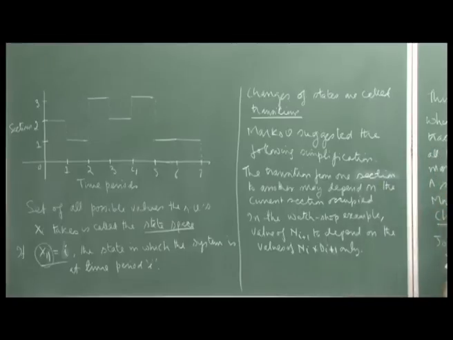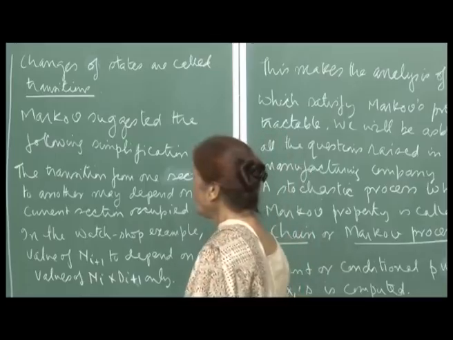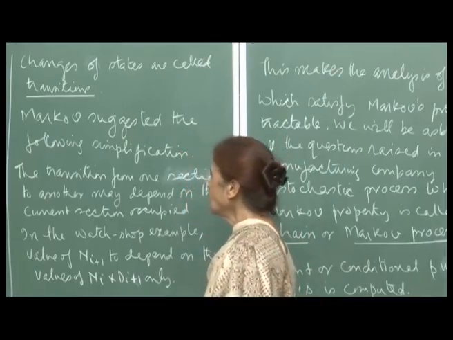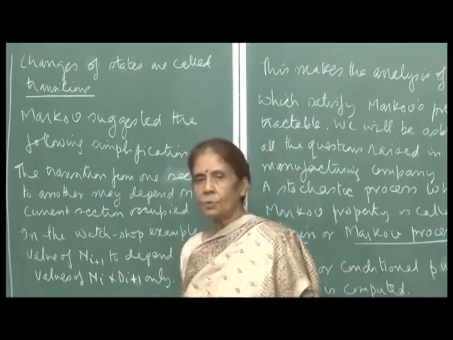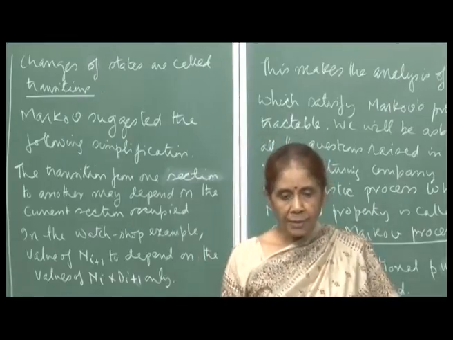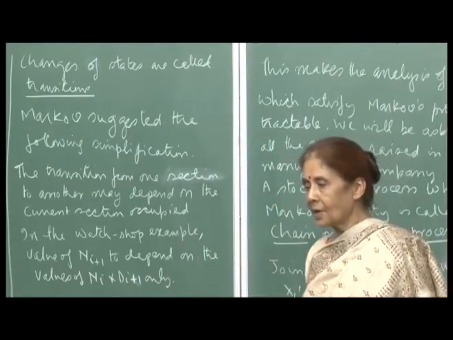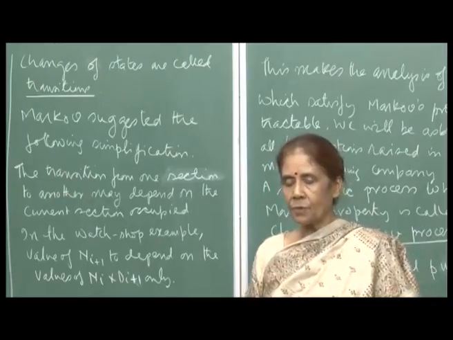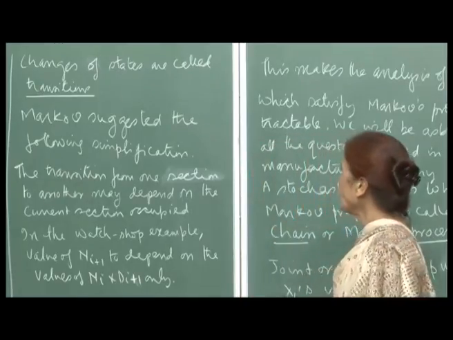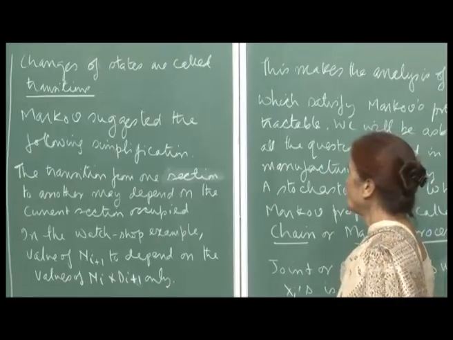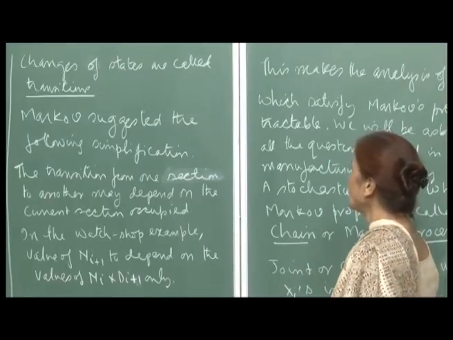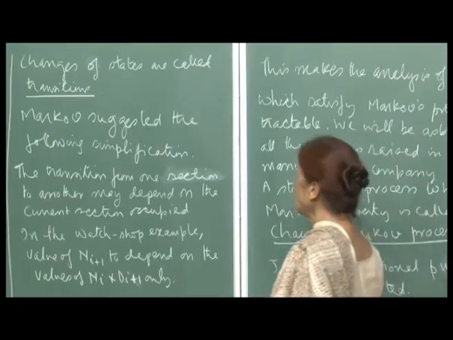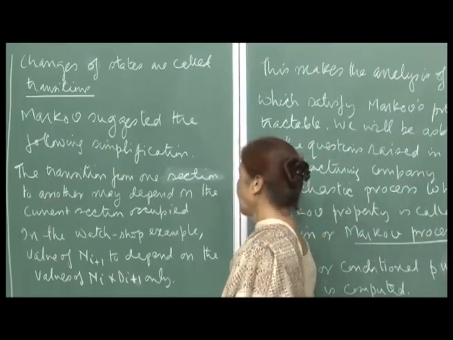There will be some sort of dependence among the random variables. Therefore, as I was saying earlier, it will be very difficult to have a combined joint density function of all the possible random variables which describe the states in which the system can be over a long time period, and so you cannot analyze or answer questions about the process. So Markov suggested the following simplification.